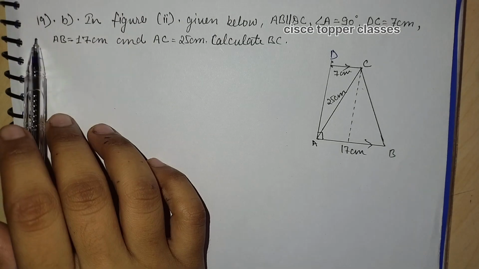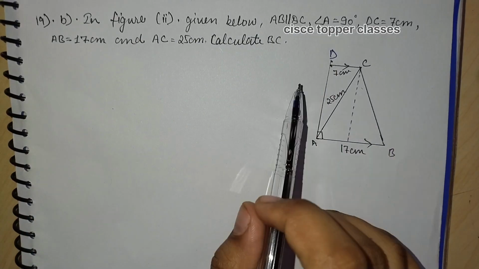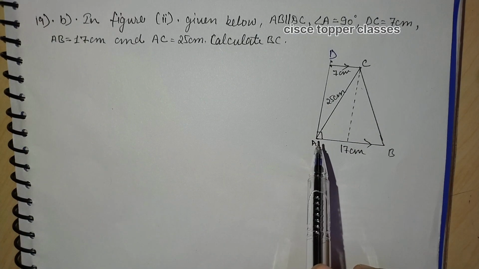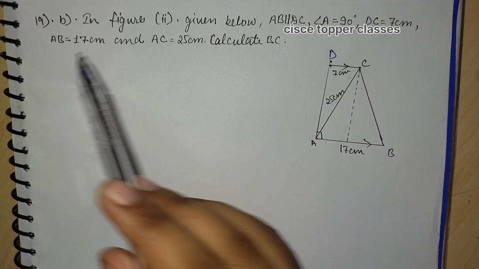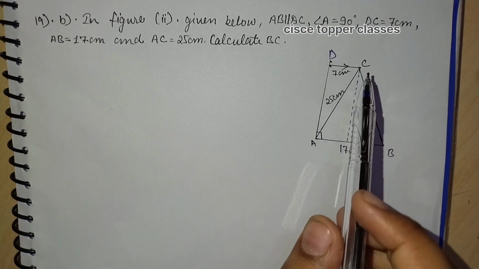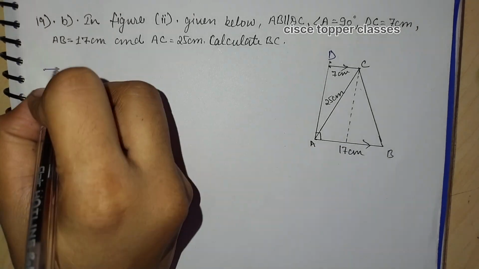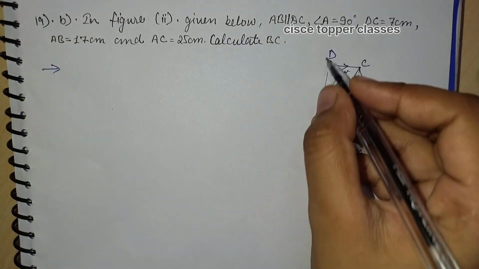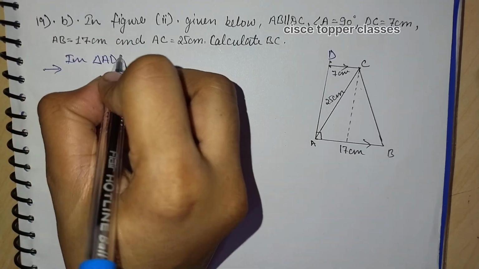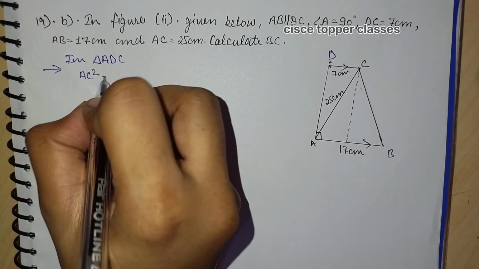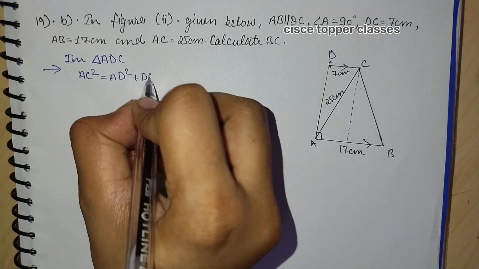Now let us solve 19 second part here. In the figure given below, AB is parallel to DC and angle A is equal to 90 degree and DC is equal to 7 centimeter. AB is given to us as 17 centimeter and AC is given to us as 25 centimeter. We have to calculate the value of BC. Firstly, we will take triangle ADC because it is a right angle triangle. We will apply the Pythagoras theorem. So we can write AC square is equal to AD square plus DC square.